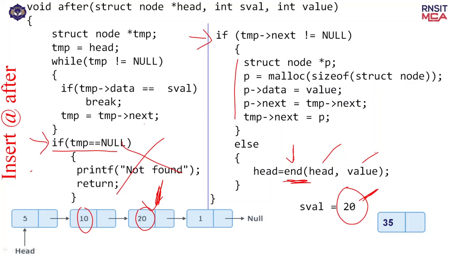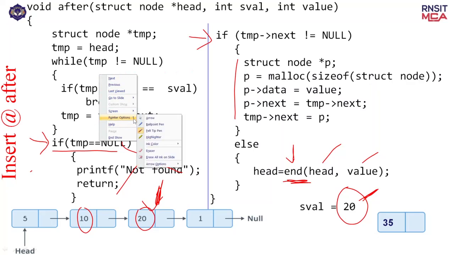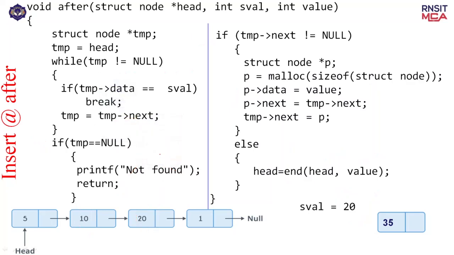The node 35 you have to insert in between 20 and 1, very simple.